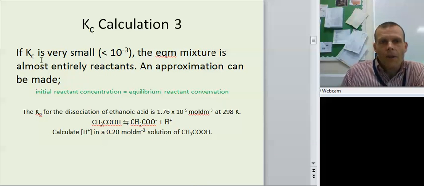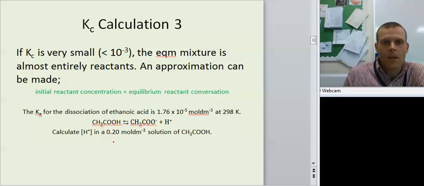Now, if, as it says here, Kc is tiny, in other words, your reaction mixture is still mostly reactants, you can make an approximation. And as we do calculations in the high-level acid section, this approximation is very, very important: that your initial reactant concentration is essentially the same as what you've got at the point of equilibrium.